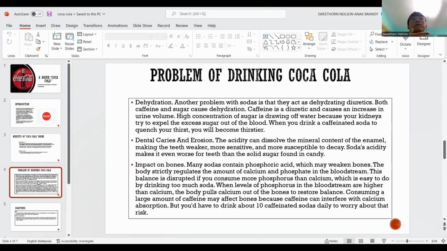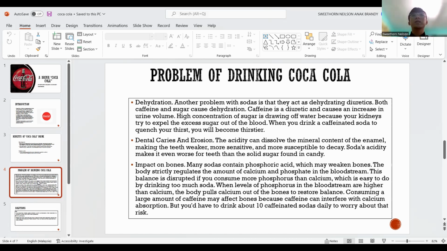The problem of drinking Coca-Cola, the first one is hydration. Another problem with soda is that they act as dehydrating diuretics. Both caffeine and sugar cause dehydration. Caffeine is a diuretic and causes an increase in urine volume.